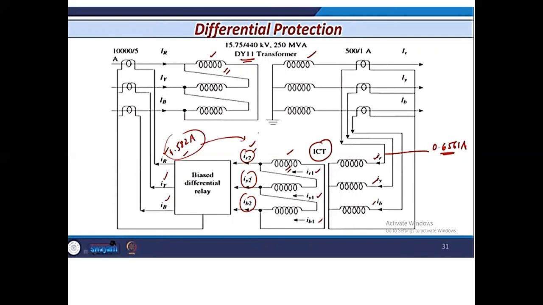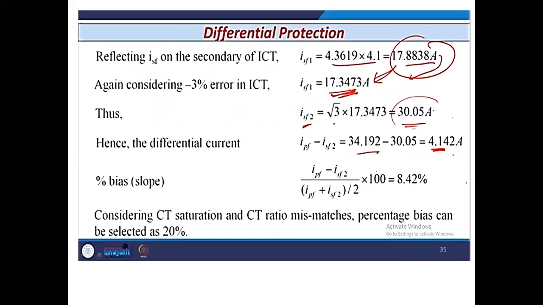Okay, now for the ISF2, if I multiply this value 17.34 by root 3, it comes out to be 30.05 ampere.